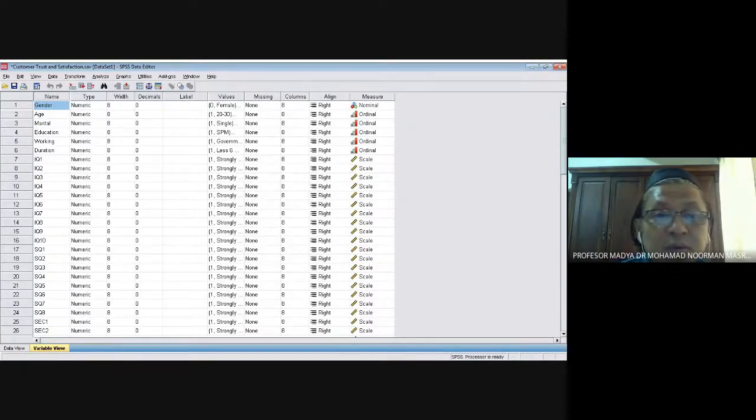I click on Analyze, Descriptive Statistics, and then Descriptives. I scroll downward and take TST1, TST2, TST3, TST4, move to the right, click Options. I take the mean, standard deviation, variance, but what is important is the mean, standard deviation. These are enough. Continue and then click OK.